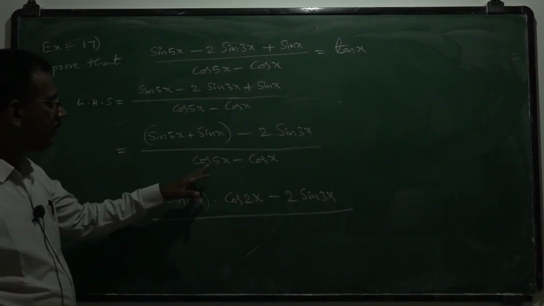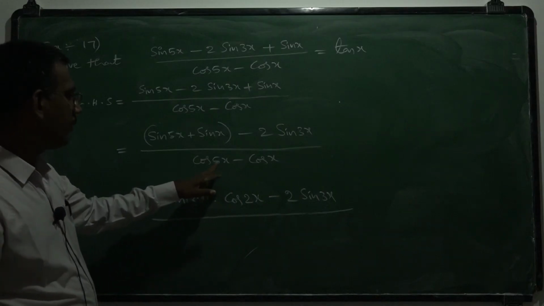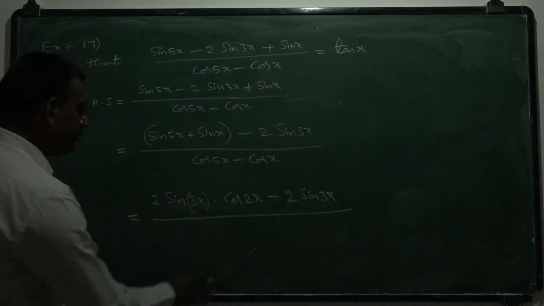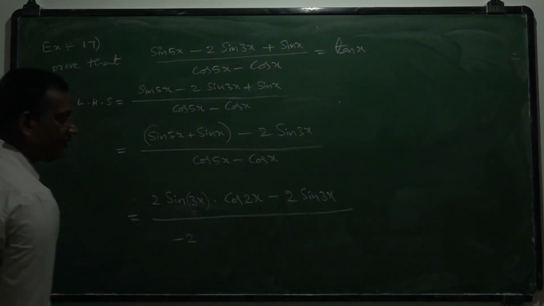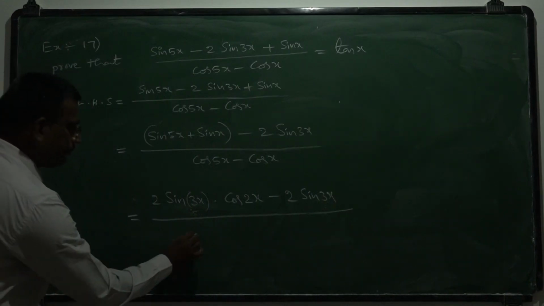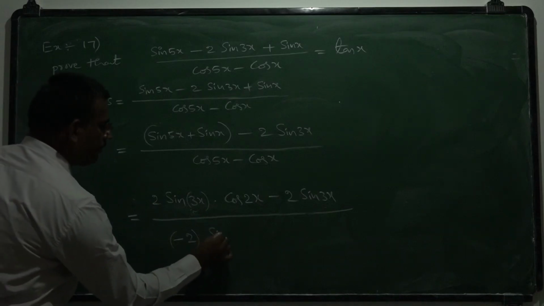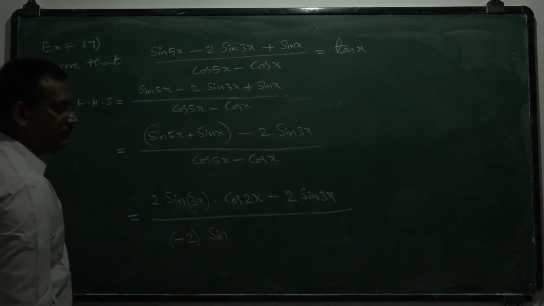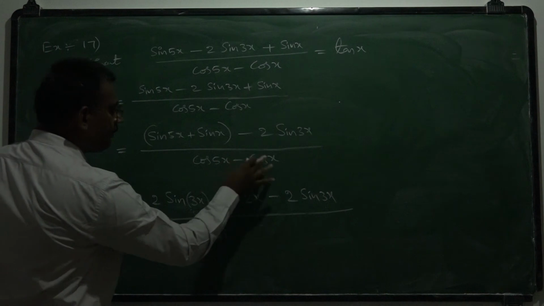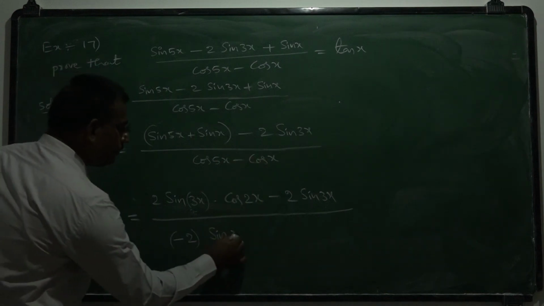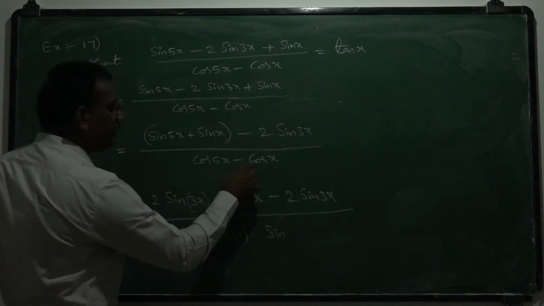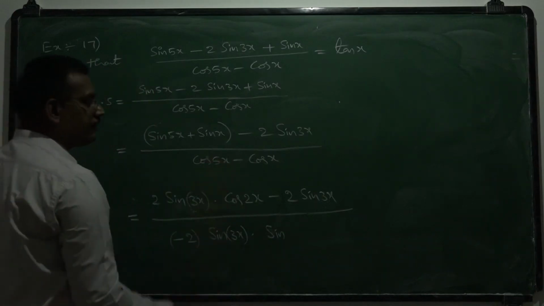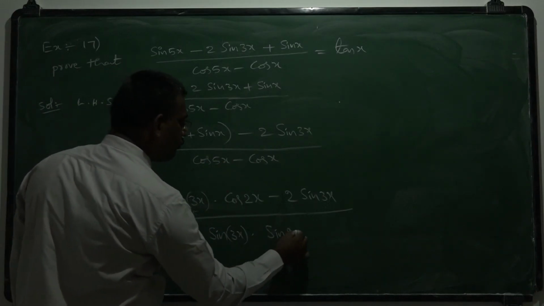In the denominator, cos c minus cos d is minus 2 sin of c plus d by 2, 3x, into sin of c minus d by 2, that is 2x.